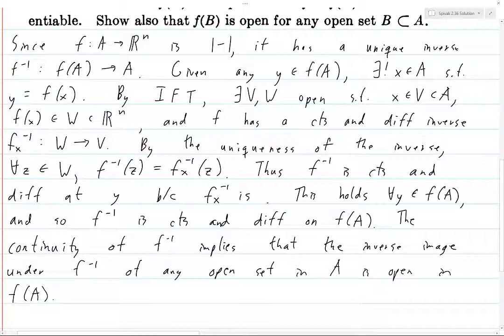And this is sort of an essential result of continuous functions when you talk about it from the viewpoint of point set topology. So thus, for all B which is an open subset of A, if we take the inverse image under f inverse of B, we get f of B, and this is open.